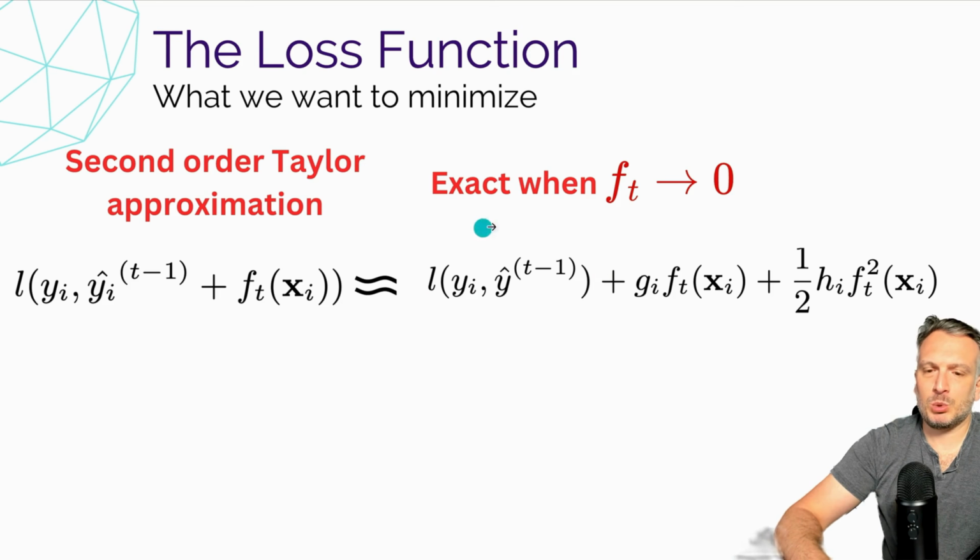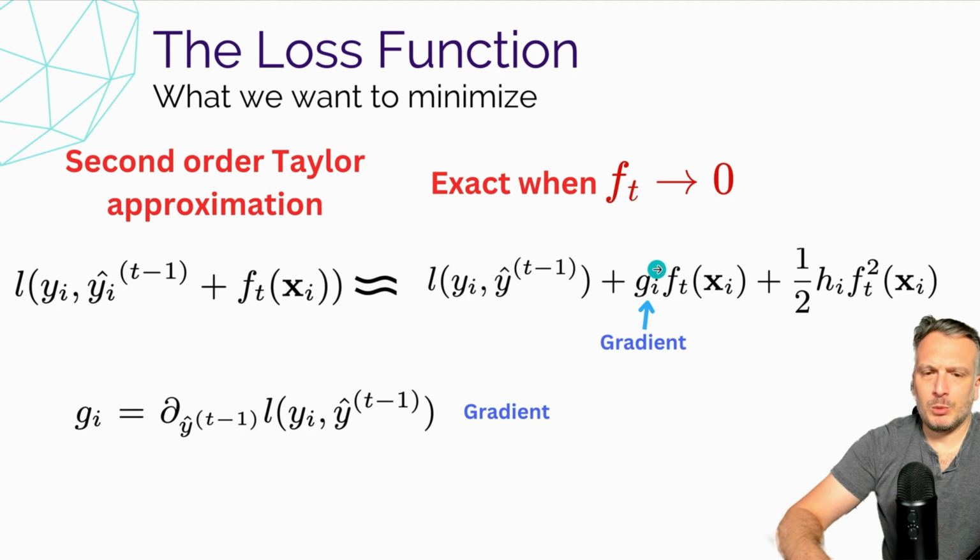So you can see that we have the first term here that is a loss function that is related to the previous trees. So this is the error that we were making with the previous trees. And here we have the gradient times the new tree. The gradient is a derivative of this function here with respect to the previous predictions. The gradient represents the slope of this loss function here.